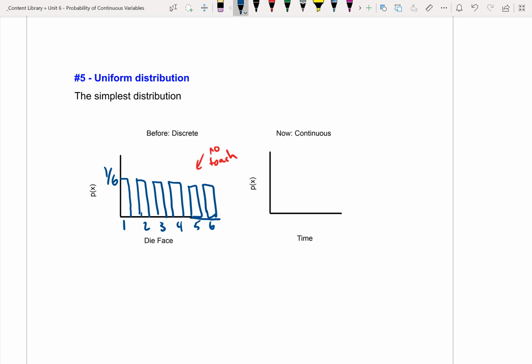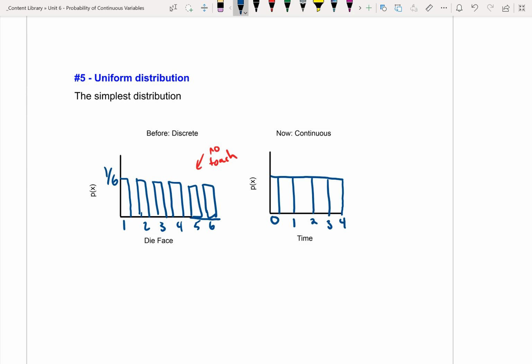Now, if we're looking at continuous, it looks almost identical, except it would look something like this. So we would have all the bars touching each other because it is a range, or there is continuous data, so it goes from anywhere between 0 and 1, 1 and 2, 2 to 3, and 3 to 4.